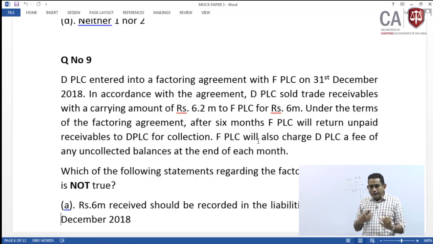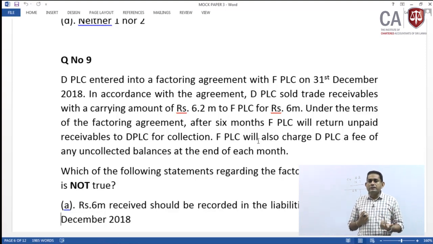In technical jargon, we call it that the debtors were factored with recourse. We take over the responsibilities. It's not the factoring company who takes over the responsibilities. Since we have not transferred the risks and rewards of the financial asset to the factoring company, you cannot consider that to be a sale. It's not a genuine absolute sale transaction. Why? It's we who retain the risks and rewards of the financial asset eventually.